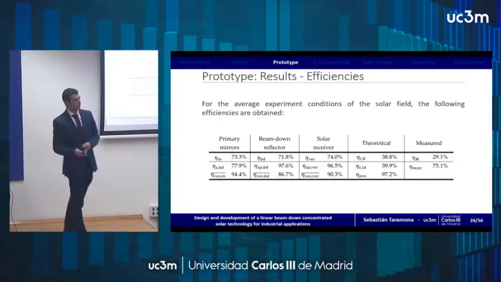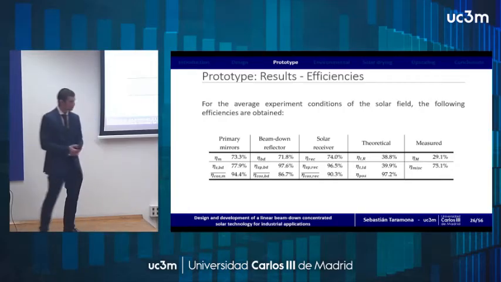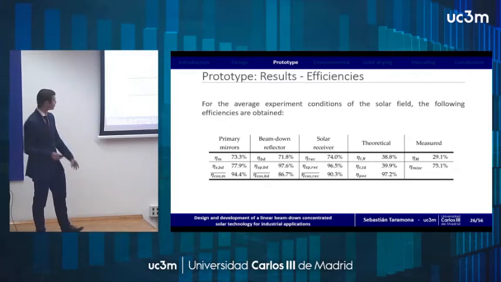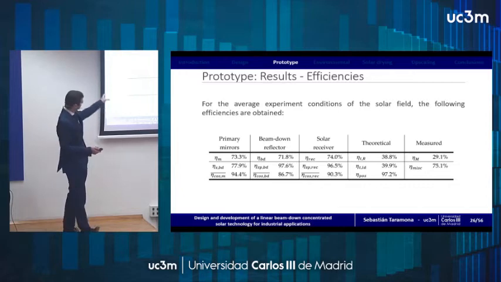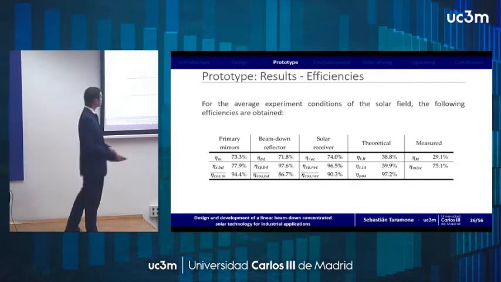Rounding up the results in terms of efficiency for the different measurements that we took in our solar field, we can obtain this for each of the different sections of the solar field.